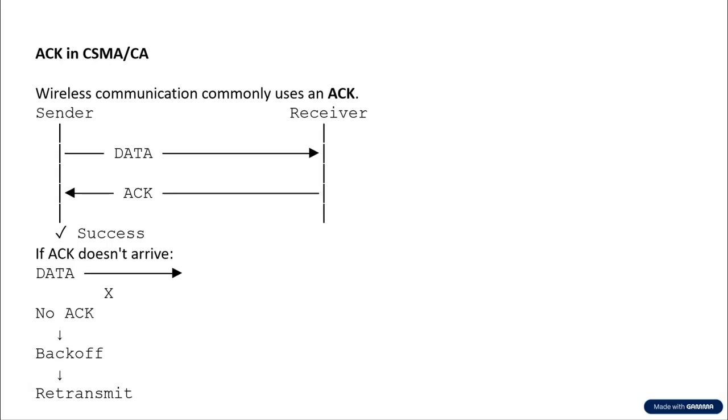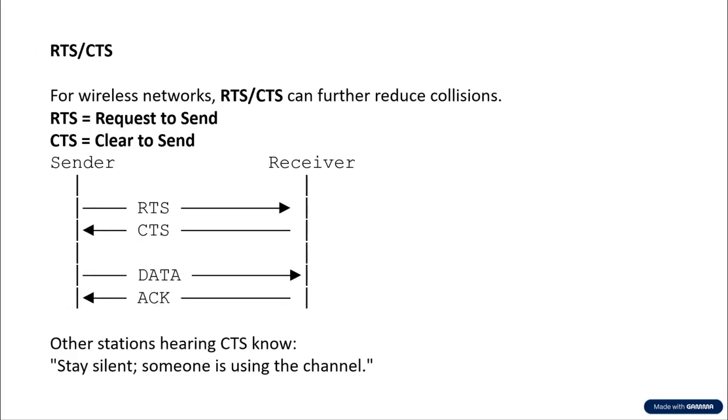How does acknowledgement work in CSMA/CA? Wireless communication commonly uses an acknowledgement. So if acknowledgement doesn't arrive, go for the back off and then start retransmission. So what are RTS and CTS? For wireless networks, request to send and clear to send can further reduce collisions. A sender sends the RTS before the data is transmitted. The receiver sends CTS.